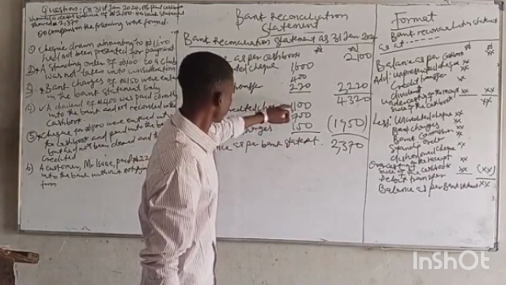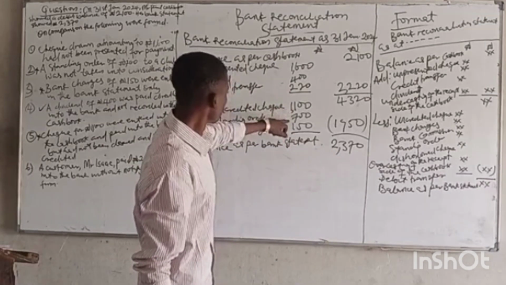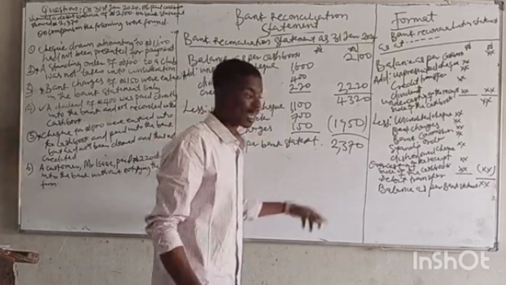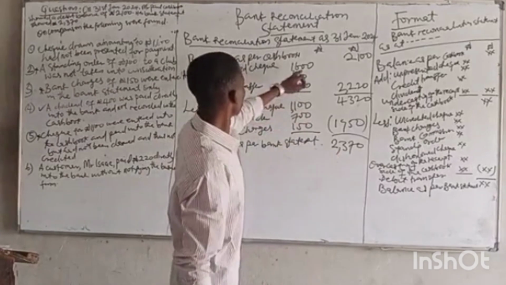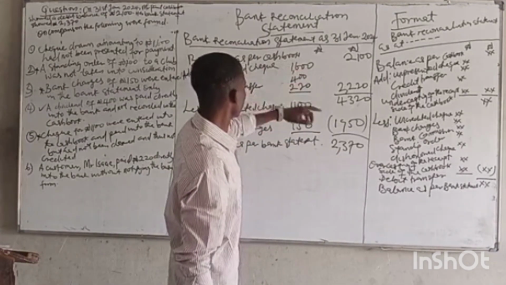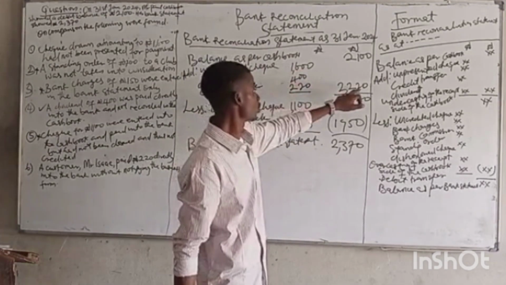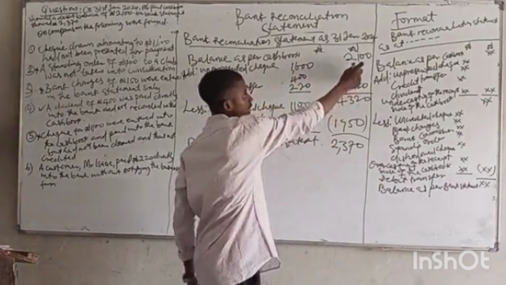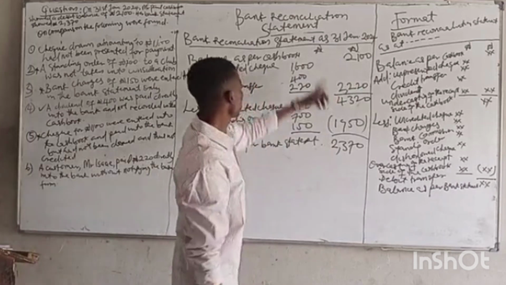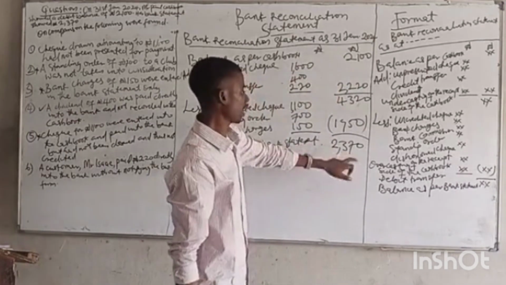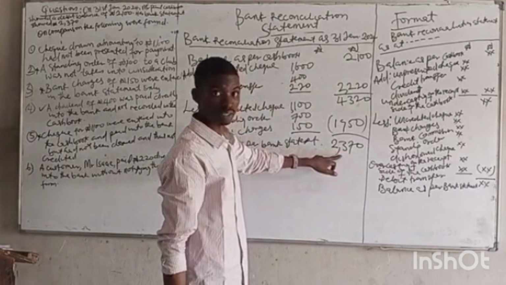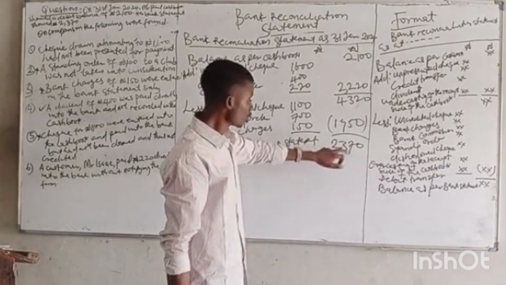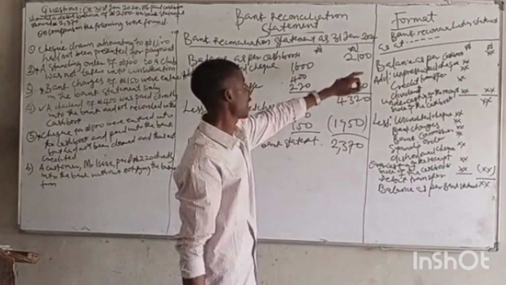If you add 1,100 plus 700 plus 150 with this balance, and then less 1,600, 400 and 220, which equals 2,220 from it, you are going to get back 2,100. So when you start at balance as per cash book, you should be able to arrive at balance as per bank statement. But if you start at balance as per bank statement, you should also be able to arrive at balance as per cash book.